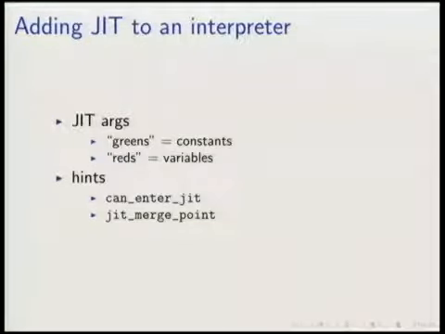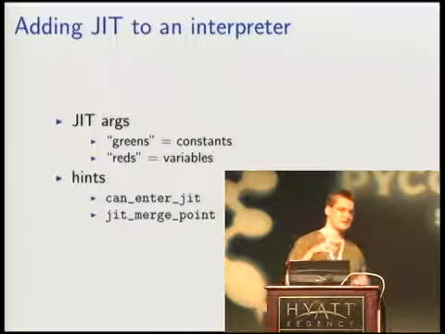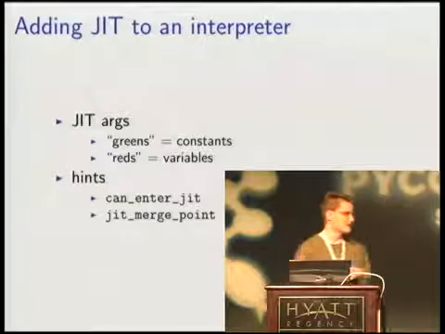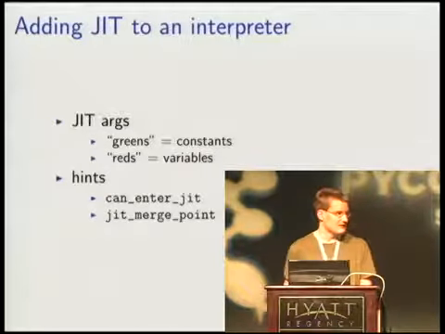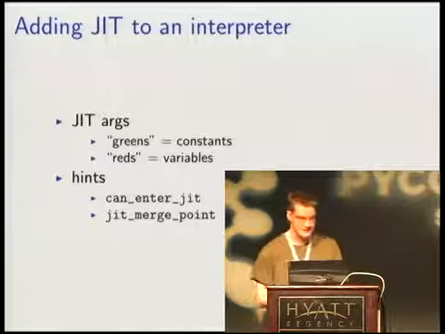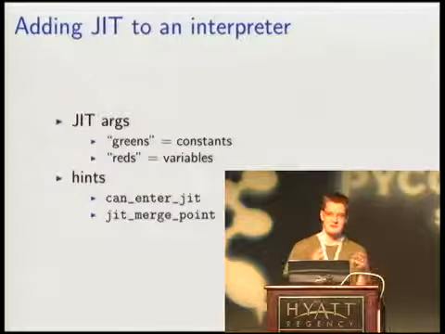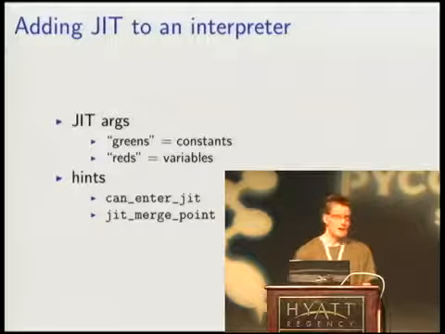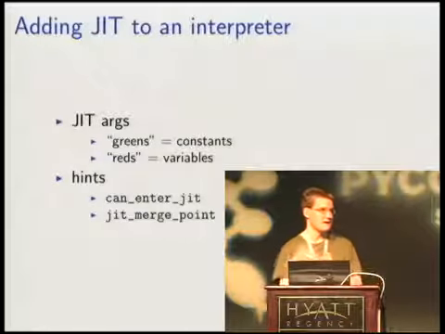The two hints are called can_enter_jit and jit_merge_point. jit_merge_point tells the JIT when it's safe to return to the interpreter, and usually that's at the head of the bytecode dispatch loop. can_enter_jit, surprisingly, tells the JIT when it should enter, at the end of a loop, once a loop has been closed. The JIT also needs some arguments, which is basically the data the interpreter is working with. These are classified into two categories: green variables and red variables. Green variables are constants. They never change during the loop.